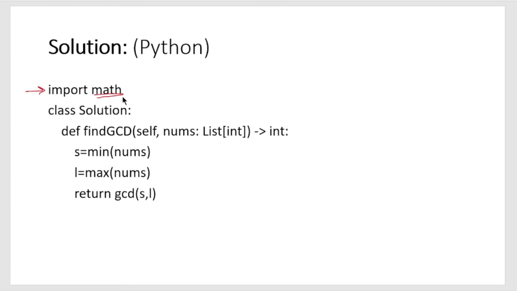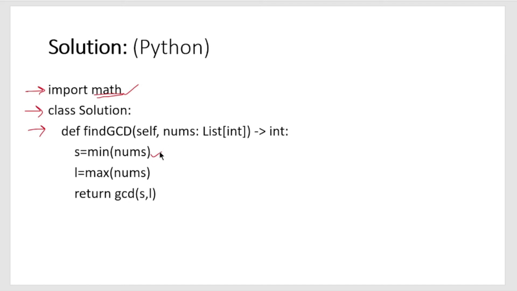We can just import the math library and use these functions. Here we can see two more statements before going to the code, the class and the function. These two statements will be given in LeetCode by default, so we don't have to worry about these.